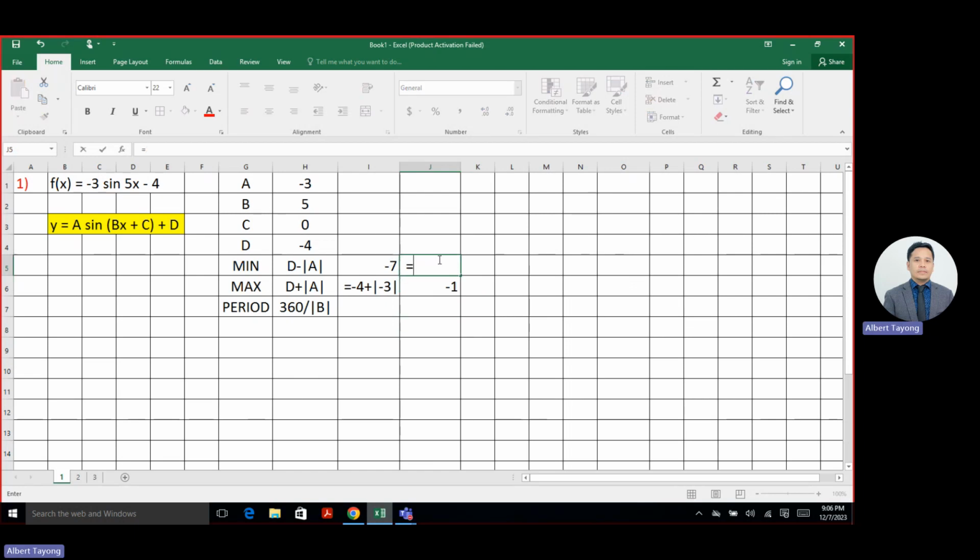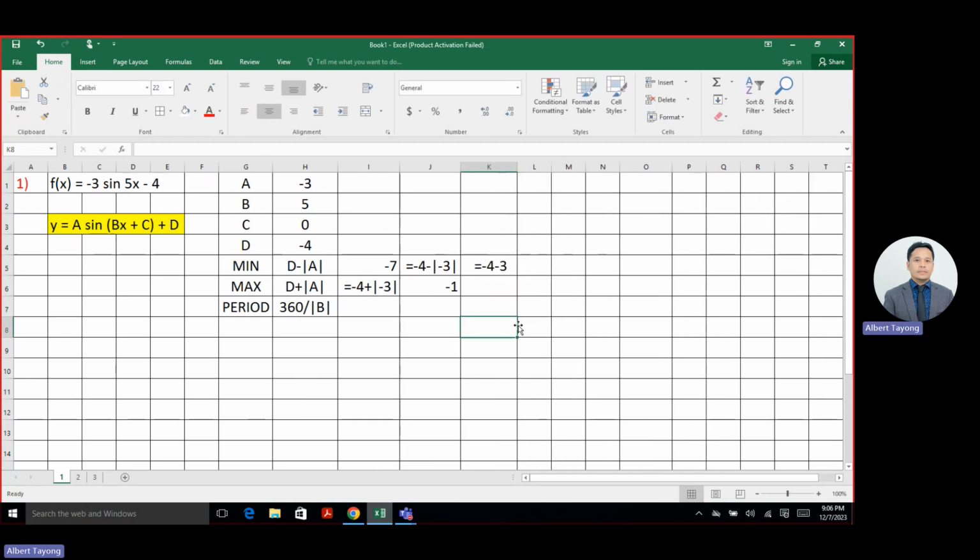So space equals, this is our d, -4 minus the absolute value of -3. So this becomes equals -4 minus 3, because the absolute value of -3 is +3. So that is why the answer is -7.